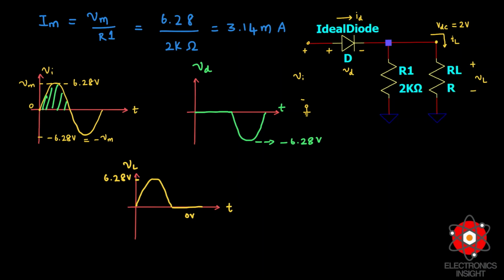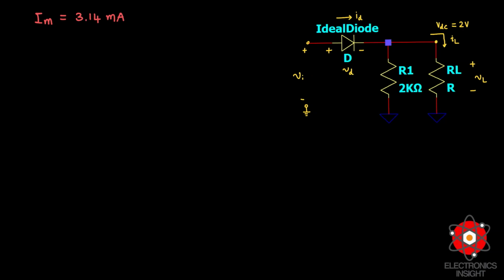Now we have completed all the voltage calculations. Now we will move on to sketching the current waveforms. For VM, the corresponding IM calculation we have done earlier. Now we need to find the diode current and IL, the load current across this load resistor. For that, we are going to assume that the load resistance RL is equal to 10 kilo ohms.